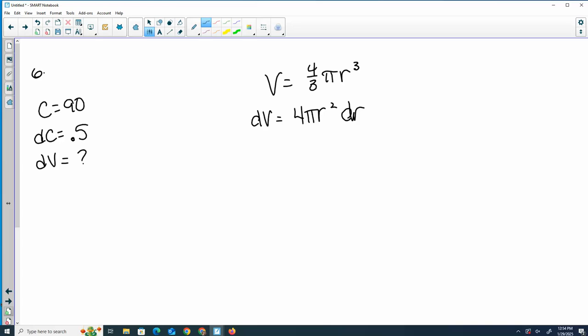No. So we have to take a little detour. We're stuck. The other information we have is about circumference. Circumference is 2 pi r. So if my circumference is 90, divided by 2 pi, the radius is 45 over pi. So now I've got part of this.